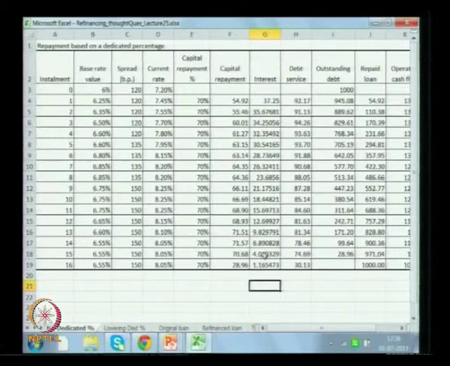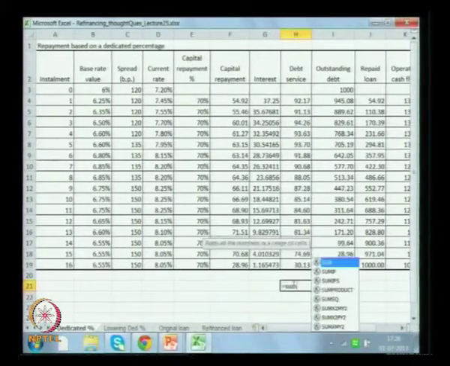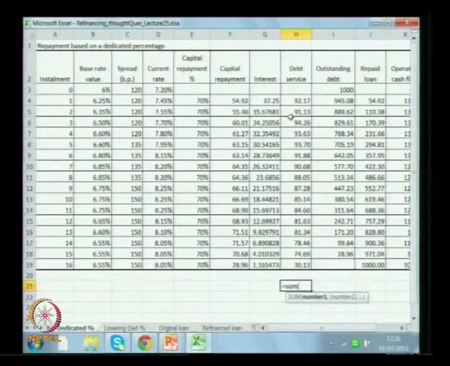So for example, in this case, the amount that should be in the reserve account will be the sum of the debt service amounts for the first 5 periods.